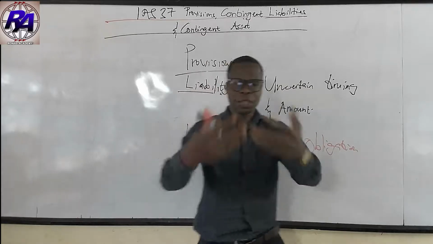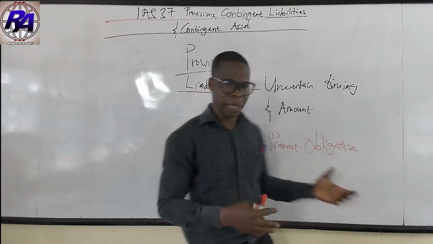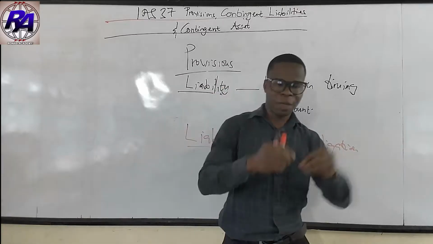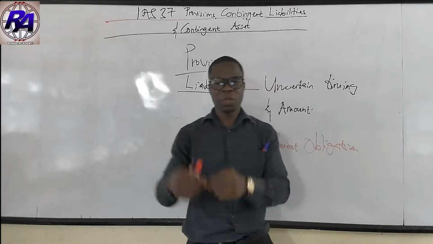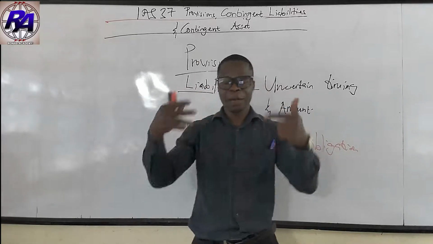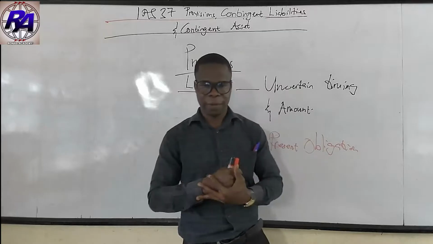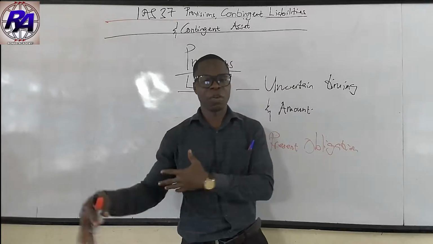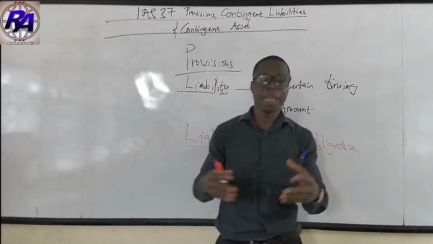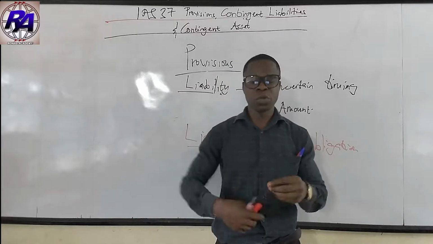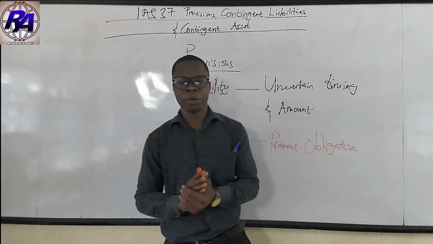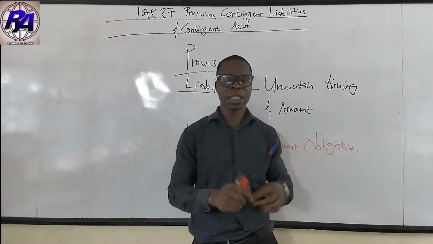And if you want to settle these obligations, it must result in an outflow of the entity's resources, and those resources should embody economic benefit, because some resources lie idle in the business without any economic benefit. So to settle that liability, there should be an outflow of your resources embodying economic benefit.